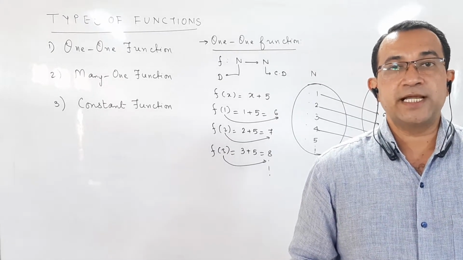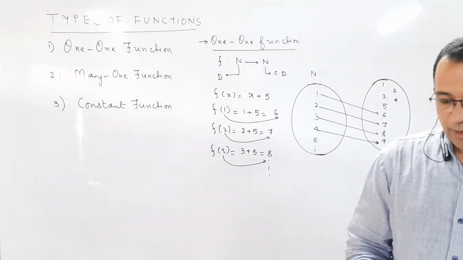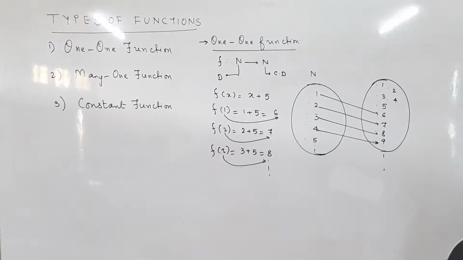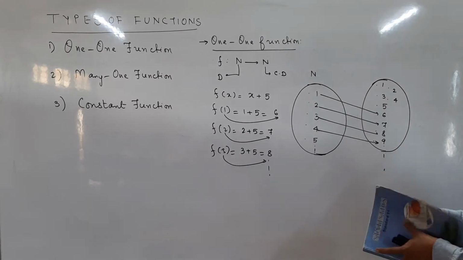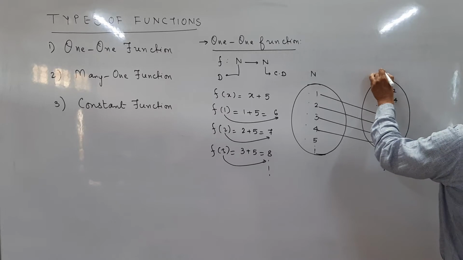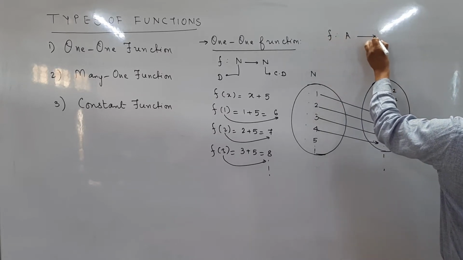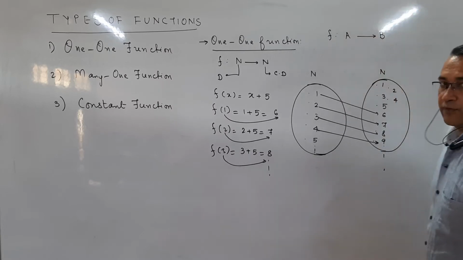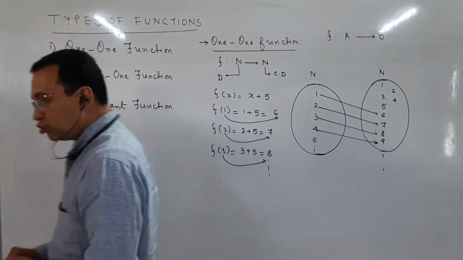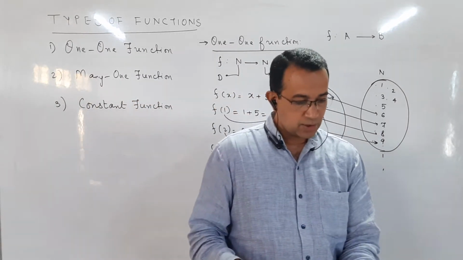Now, students, pay attention. Definitions are to be written as given in the textbook. So I am reading the definition given in the textbook. Suppose f is a function defined from A to B. So suppose this set is A and this set is B. Here I have taken from N to N. In general, say f is a function defined from A to B. So A is domain and B is codomain.